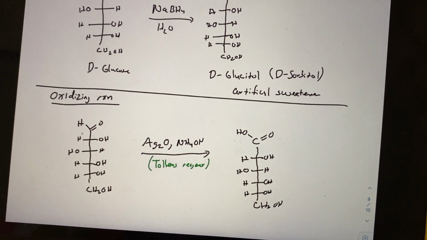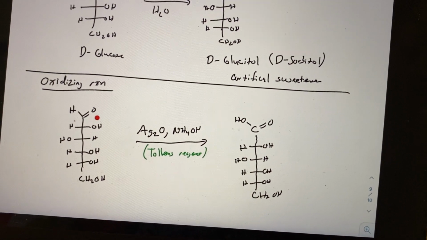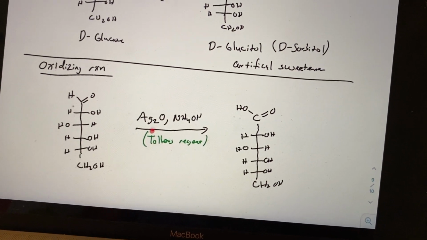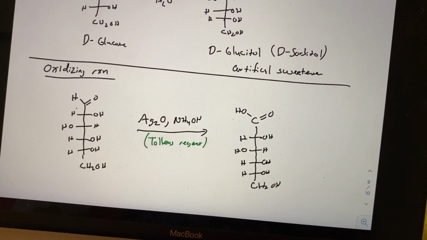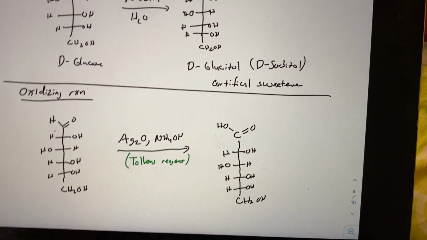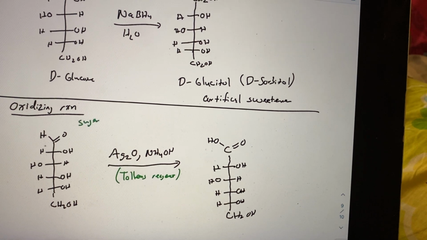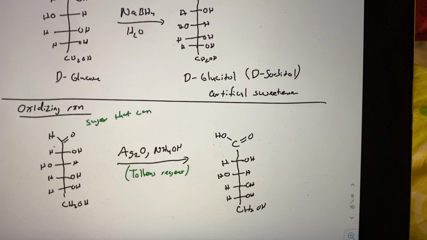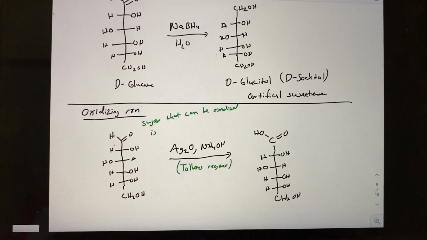And this is the one you may have done or seen a demonstration of, where you can take an aldehyde and you treat it with the Tollens reagent, and it deposits silver on the surface of the test tube or whatever it is that you're using, and so it creates a mirror, which is kind of neat. And with these sugars, it's a little bit confusing sometimes, but a sugar that can be oxidized is known as a reducing sugar.